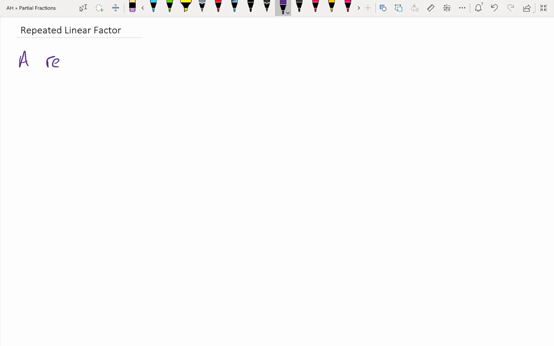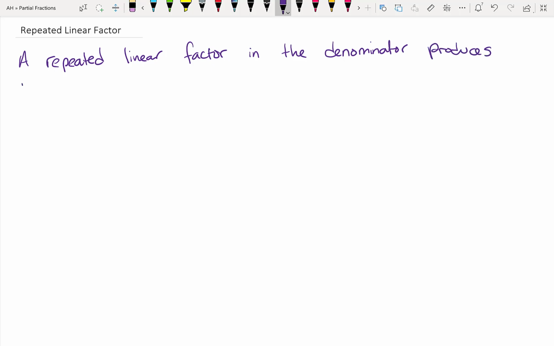Well, a repeated linear factor in the denominator produces 2, or sometimes more, and we'll cover some of those later, terms in the partial fractions.